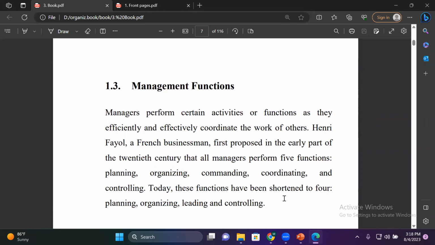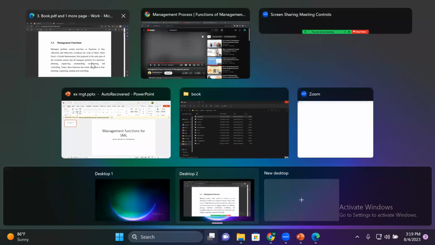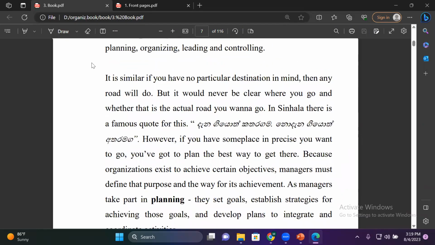You may have heard of Henry Fayol. He first proposed in the early part of the 20th century that all managers perform 5 functions: planning, organizing, commanding, coordinating, and controlling. So today these functions have been shortened to 4: planning, organizing, leading, and controlling.